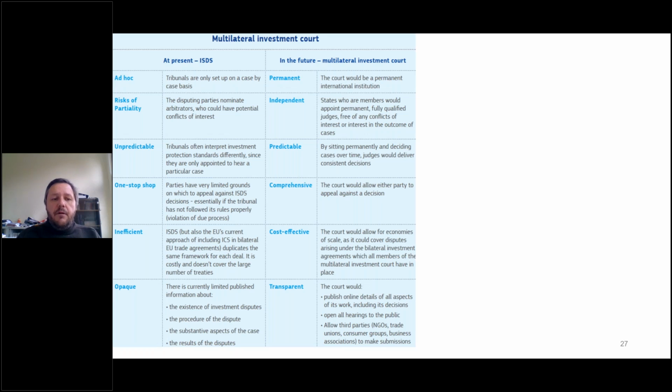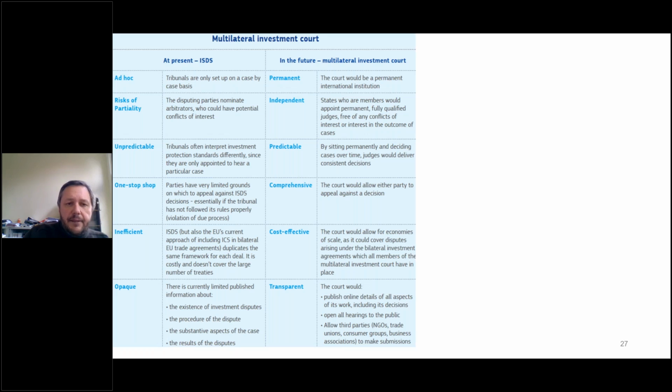Currently, there are quite a few working groups working on investment reform, and you can follow that through what is called the UNCITRAL working group, which tries to combine all the different types of proposals, and where you can actually follow the current debates.